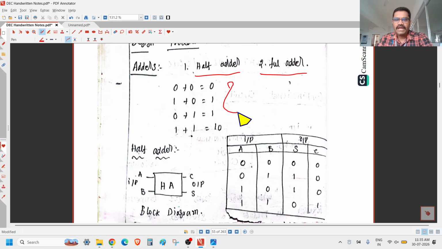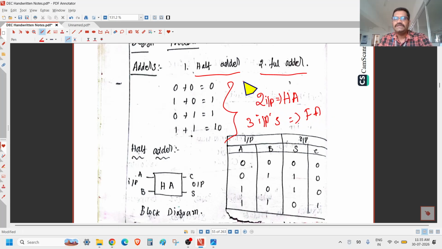So we'll see the content window. Since I already told you, in the adder circuit there are two different kinds of adders, one is the half adder and the other is the full adder. If there are only two inputs, we use the half adder. In case you are going to use three inputs, we use the full adder.